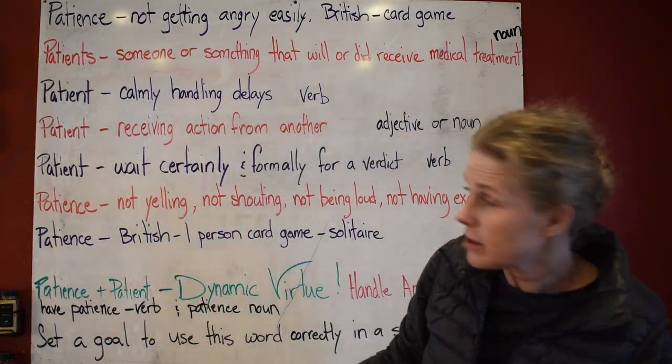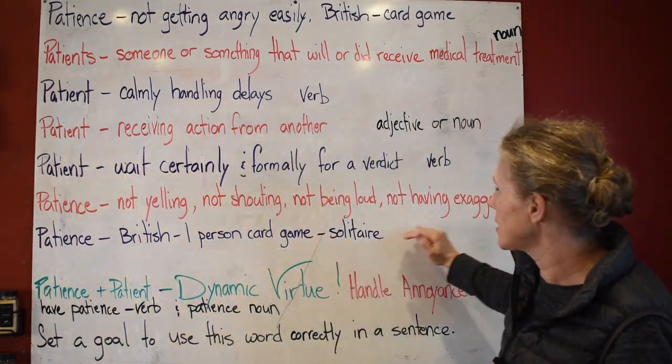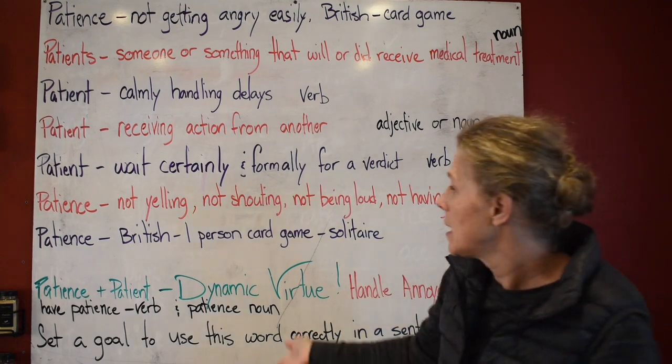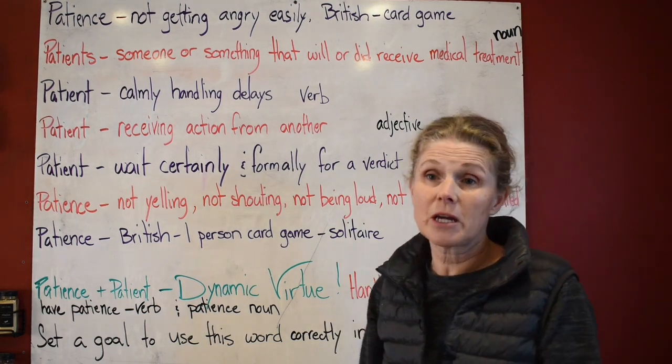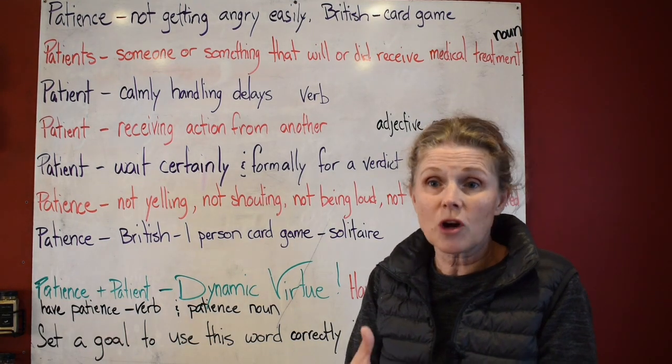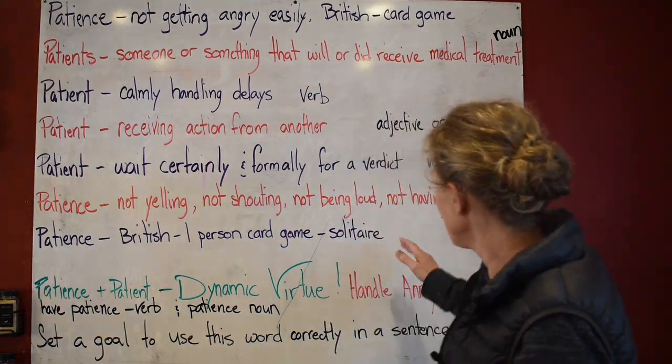Look, this patience is a British one-person card game, and we call it solitaire. But the British call it patience, which is kind of interesting because you're being patient, trying to figure out the game, and hopefully you'll win. But we call it solitaire.